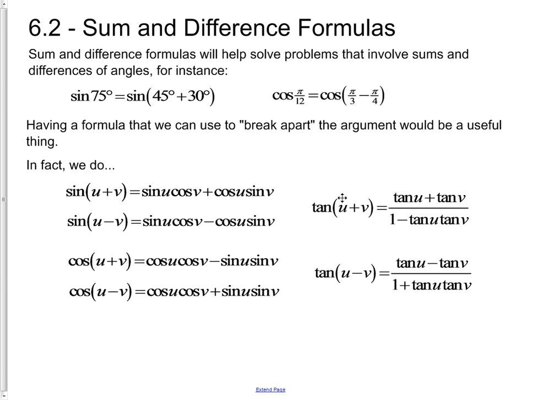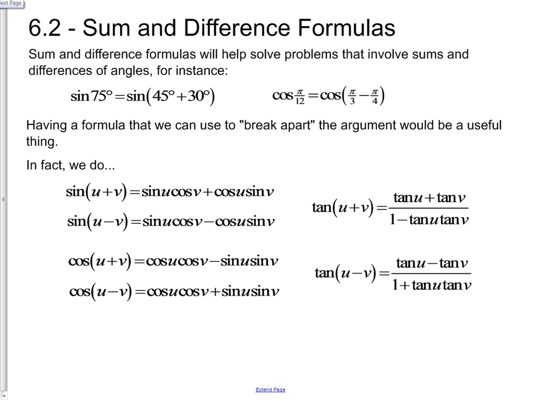For tangent of u plus v, we're going to take a fraction that consists of the sum of the tangent of u plus the tangent of v in the numerator over 1 minus the product of tangent of u times the tangent of v. And when we take a difference of tangent of u minus v, we will be taking the difference of tangent of u minus the tangent of v divided by 1 plus the product tangent of u times tangent of v.